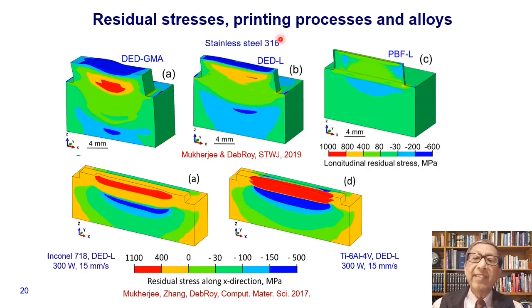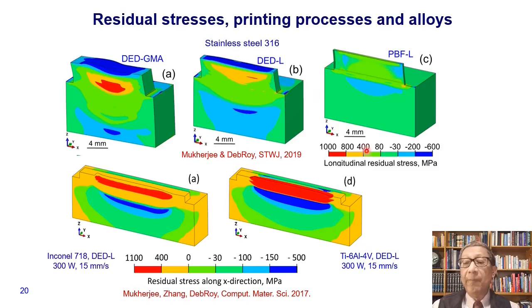Here for stainless steel 316, we are comparing the residual stresses computed by this hybrid process in powder bed fusion and two directed energy deposition processes. And we find that in directed energy deposition GMA, the longitudinal residual stress is considerably more than in the other two processes.